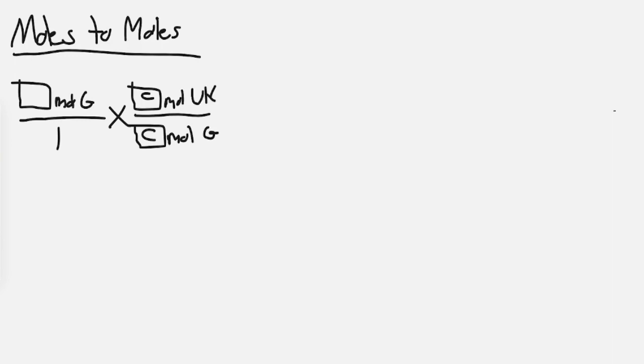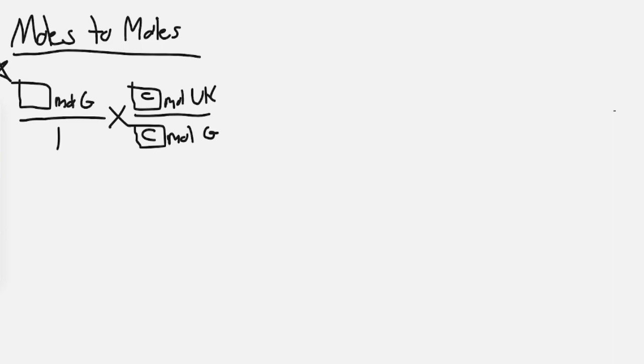So this is basically the whole formula for moles to moles. This would be really important to remember. Once you do a lot of practice, it won't be that hard to do.